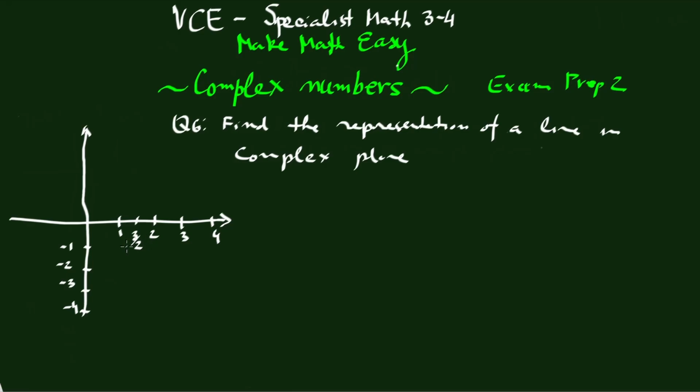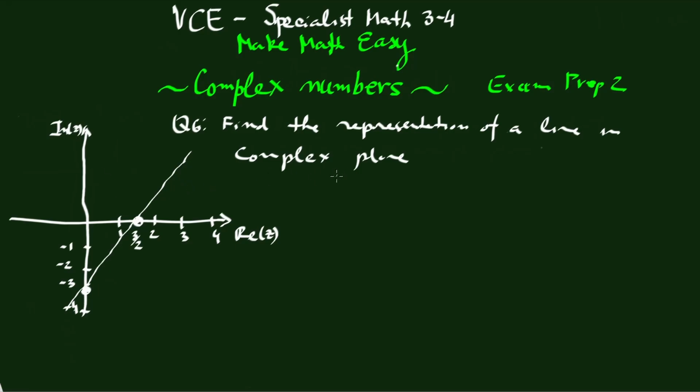Let's draw a line that goes through this point here and to this point here. So the line goes all the way through these 2 points. It's our line. So what's the equation of this line in the complex plane?